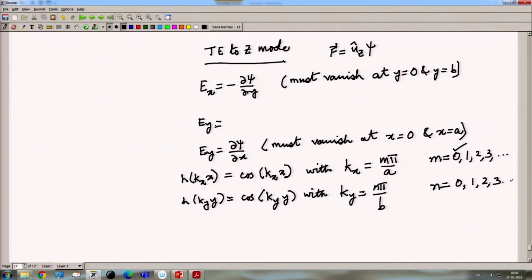However, the fields vanish if m and n are both 0. So, therefore, we cannot have m and n both 0. M and n cannot both be simultaneously 0.